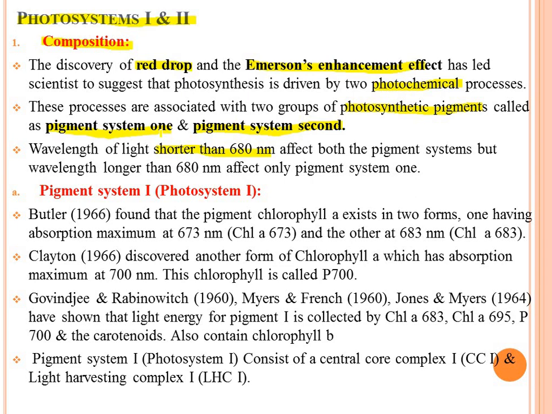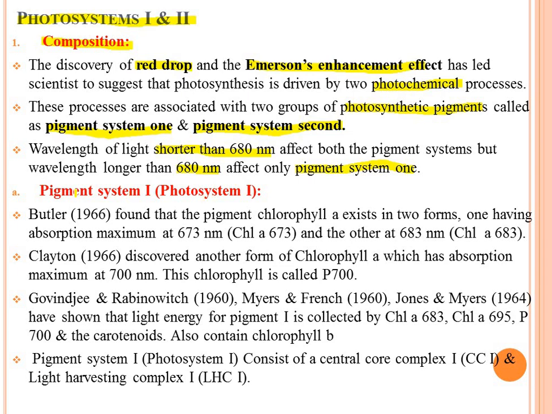Means pigment system 1 as well as pigment system 2 both absorb 680 nanometer light, but wavelengths longer than 680 nanometer, means far red light, affect only pigment system 1. Means photosystem 1 absorbs more than 680 nanometer light also, but pigment system 2 absorbs only 680 nanometer.